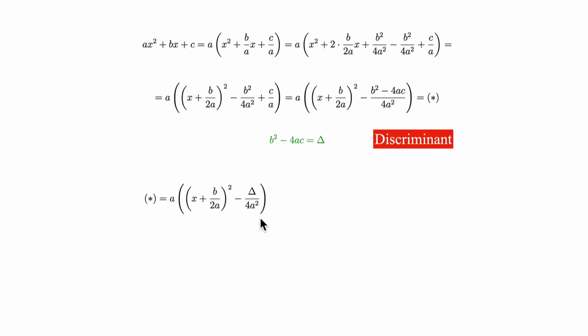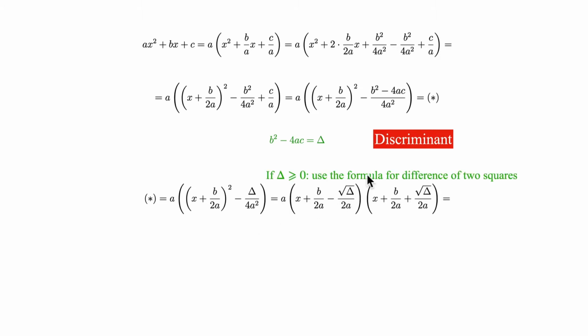So what we can do here, we can apply the formula for the difference of two squares. And of course, you can take the square root of delta, of this discriminant, only if the discriminant is non-negative. And so here you apply the formula for the difference of two squares. Here is one square and here is the second one.